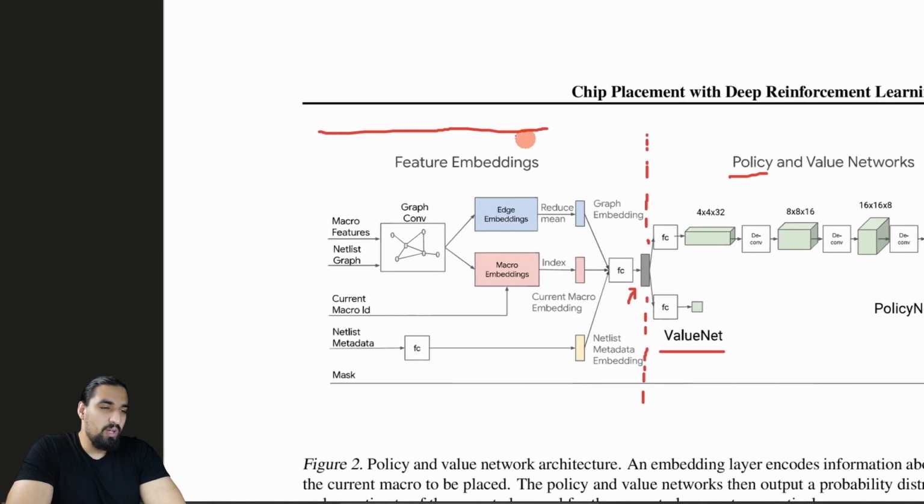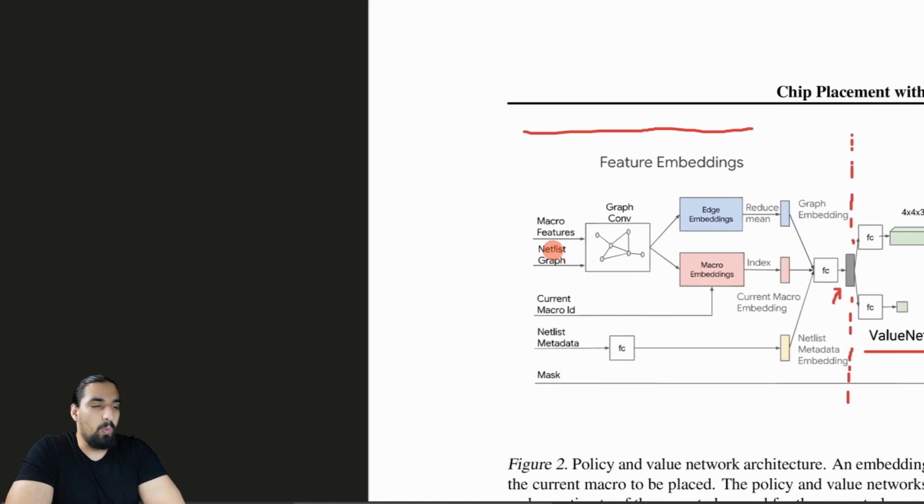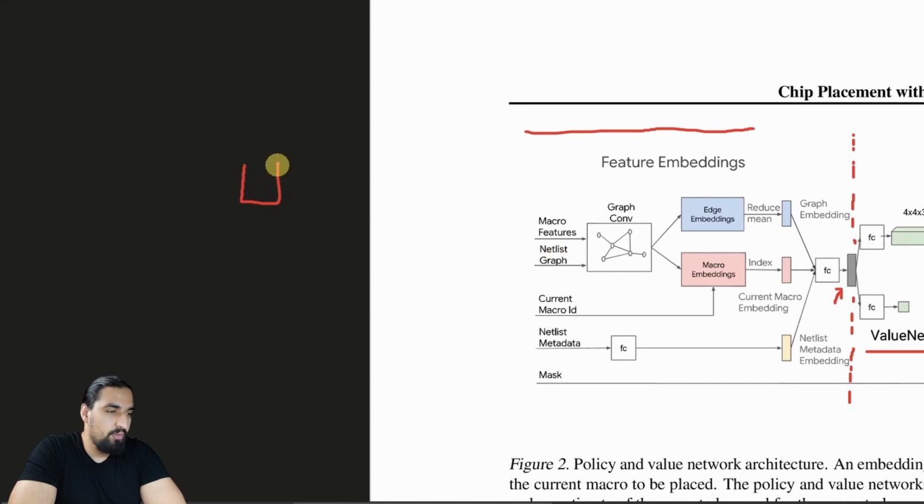So the way they train this whole pipeline is using supervised learning, and the whole goal is to learn how to predict the reward. So that's how they train this part. So they take this part in isolation and they train it the following way. So again, you have this hypergraph, so you have macros, you have some like standard cells, they're somehow connected. It's not that important, okay, like this.